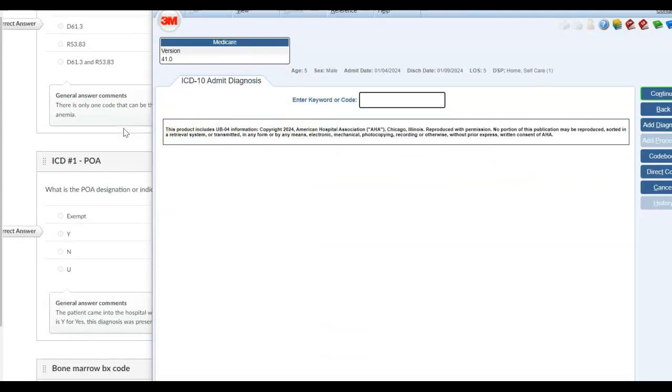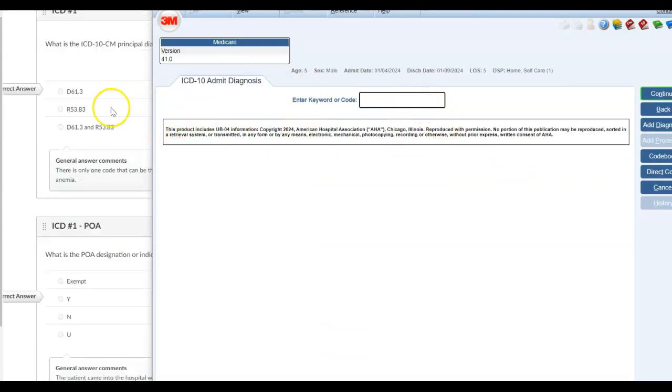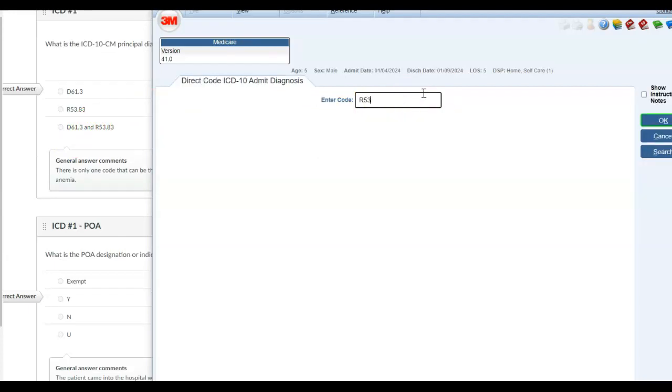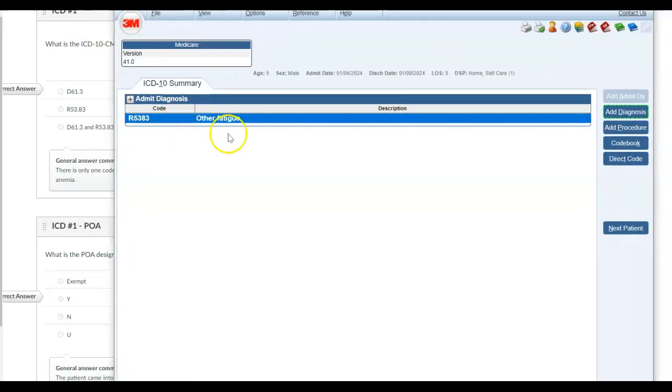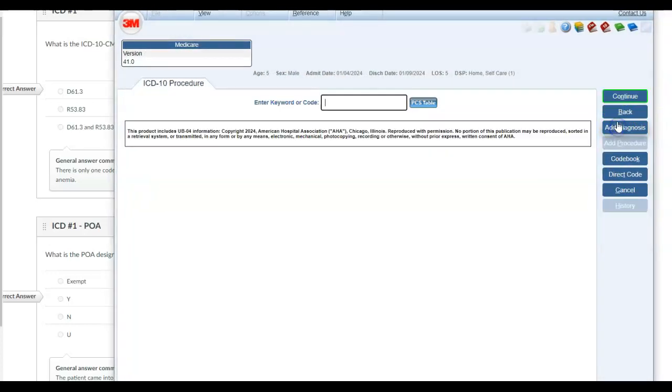The admitting diagnosis, let's go back up here. Remember, you only have one principal. It's going to be the R53.83. Hit OK. Let's go on to my, oops, I meant to, let's back that up. We're going to go to add diagnosis.